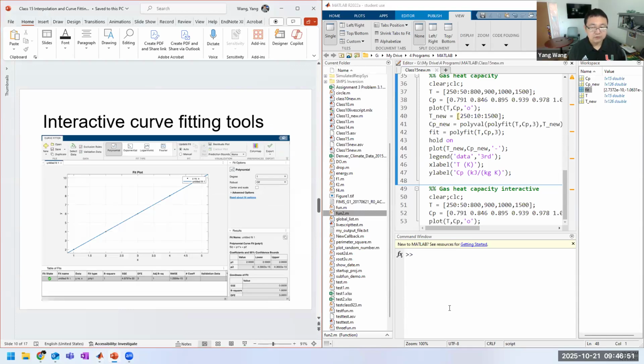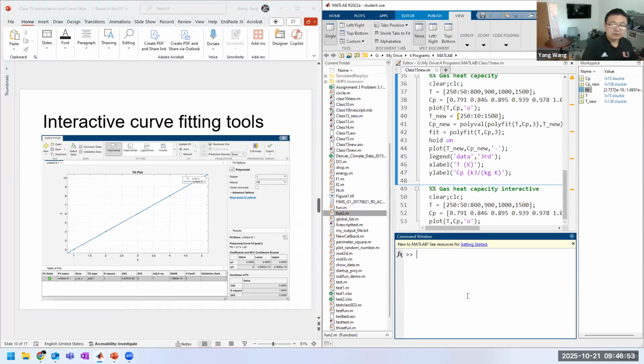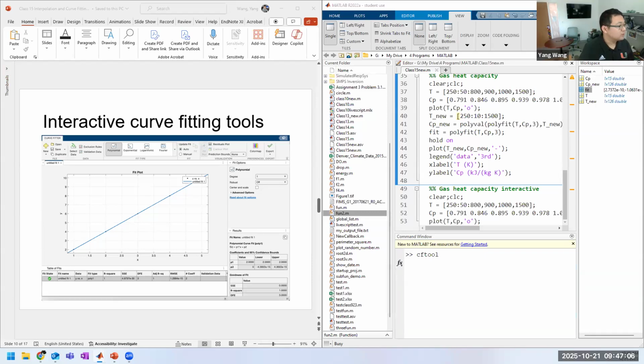So this is the example of how we can do fitting with the interactive tool in the plots. We could also set up the interactive curve fitting tool by just typing cftool. A window is going to pop out.